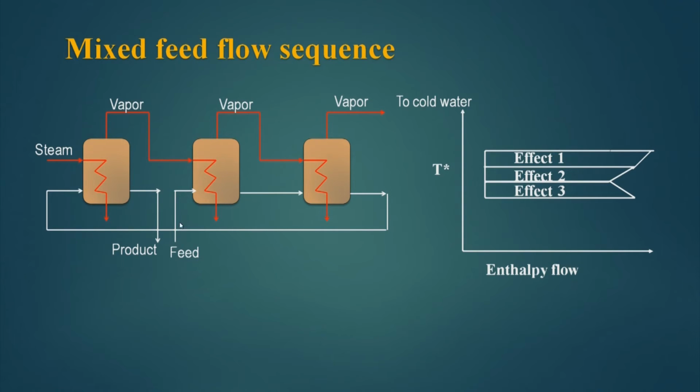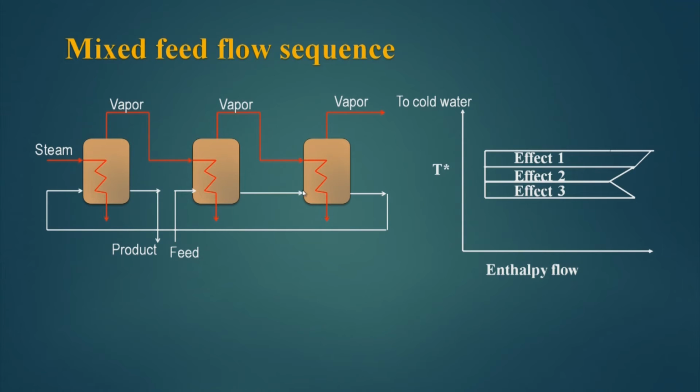So, when the feed is entering here, it is a subcooled liquid, that means temperature is less than the boiling point of this effect, and that is why this distance is more and this distance is less. But for this case, the feed is at a higher temperature. So, this is a superheated liquid which enters into the third effect.